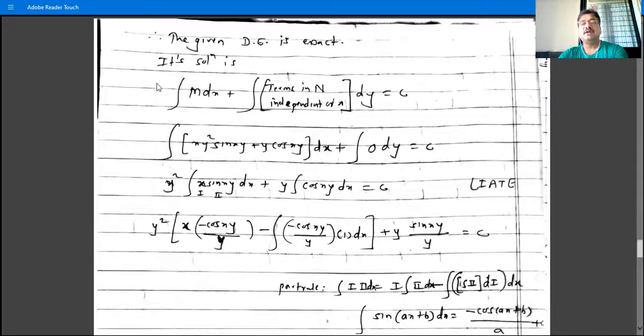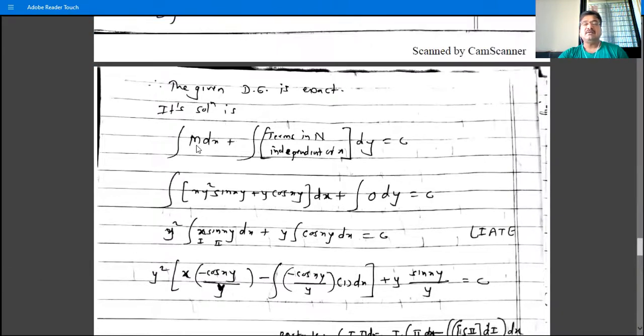Don't use this formula for other problems. If the differential equation is exact, then we use this formula. What were the previous topics? The first topic is variable separable form, and its subtype is reducible to variable separable form.